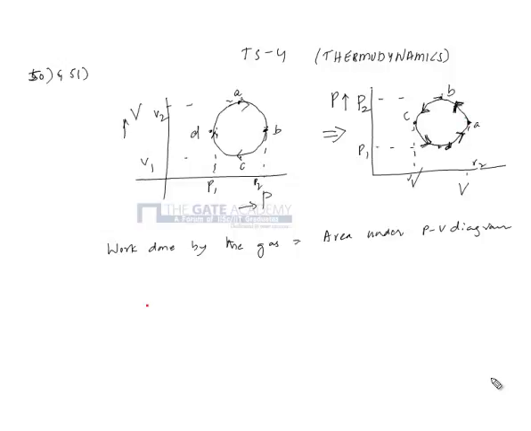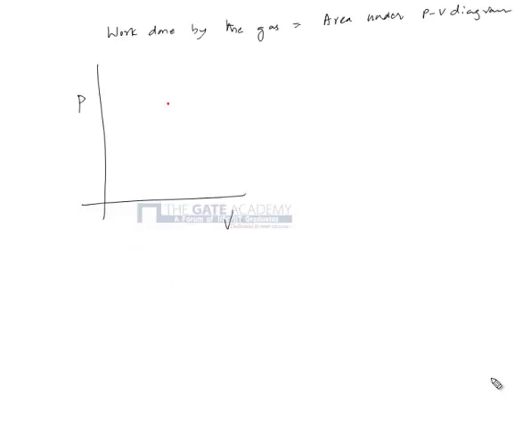So now let me redraw this PV diagram here at the bottom. It's something like this. This is V1, this is V2, this is P1, and this is P2.